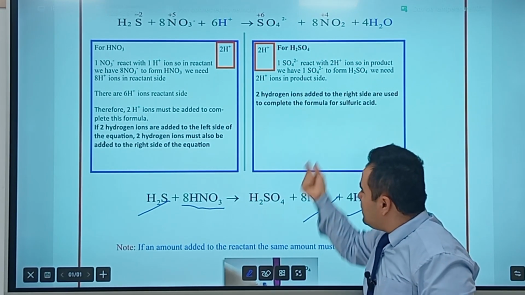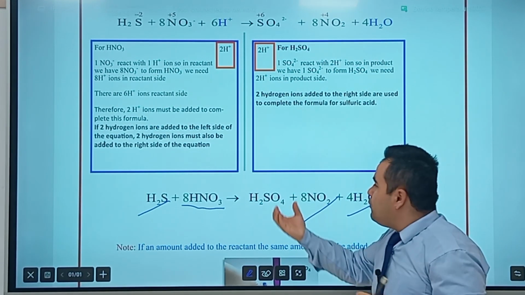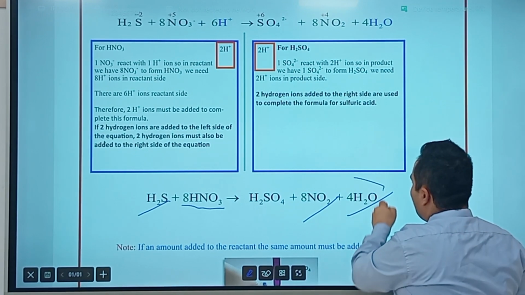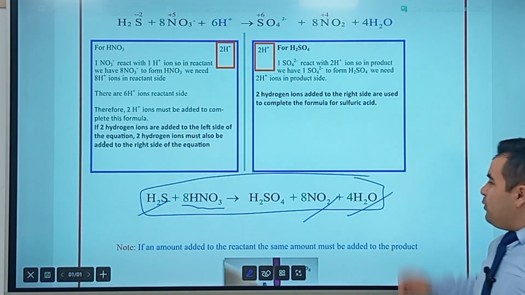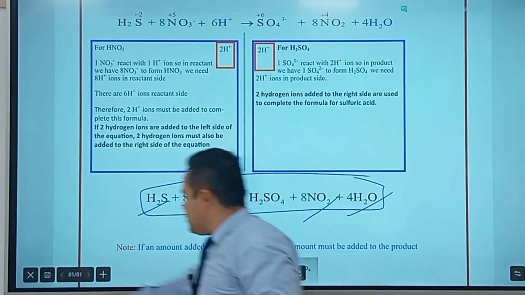H2SO4, the 2H that we added combined with the sulfate to form H2SO4. Here we have got the balanced reaction.